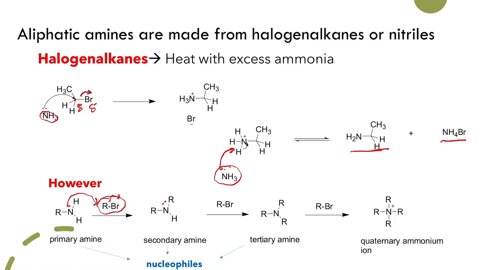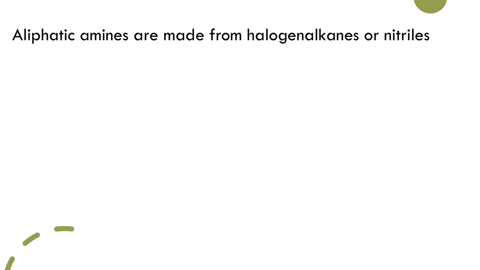The secondary amine itself is going to attack the halogenoalkane again and give you tertiary amine, which is going to attack another one to give you the quaternary ammonium ion. The quaternary ammonium ion has no lone pair of electrons, so it cannot act as a nucleophile. So this type of reaction will end up with a mixture of different amines, so the yield of this reaction is not so great.